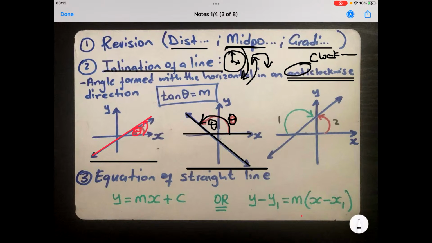Someone might be wondering, what exactly is the difference between the line for that first sketch and the line for that second sketch?